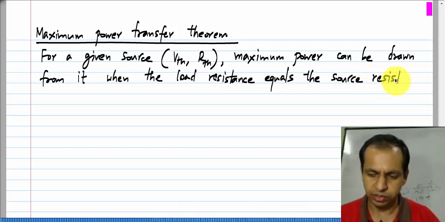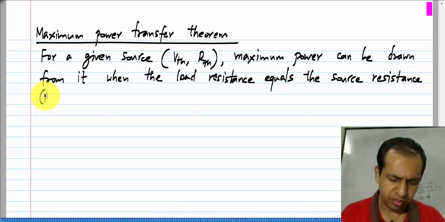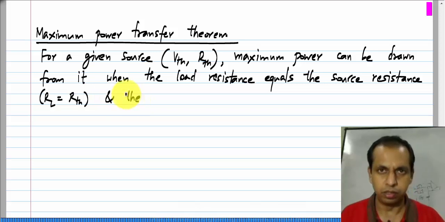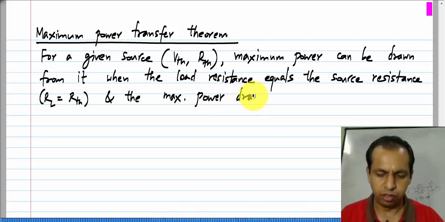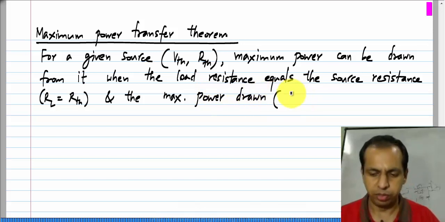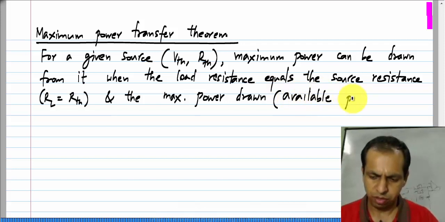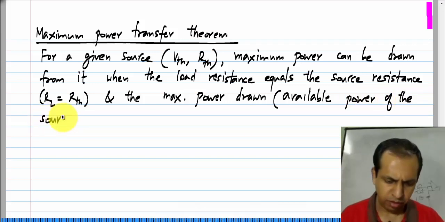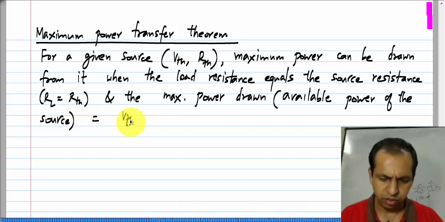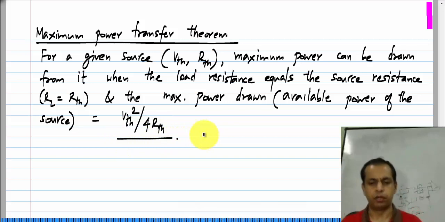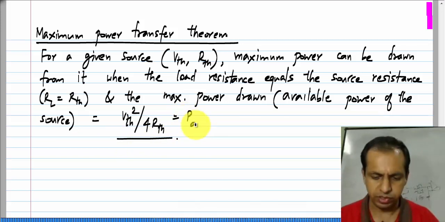I will call it the source resistance. RL equals RTH, and the maximum power drawn, which is defined to be the available power of the source, equals VTH square by 4 RTH. This is the available power.